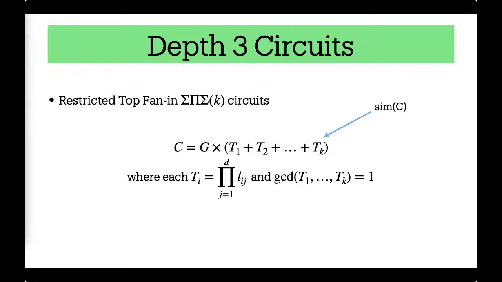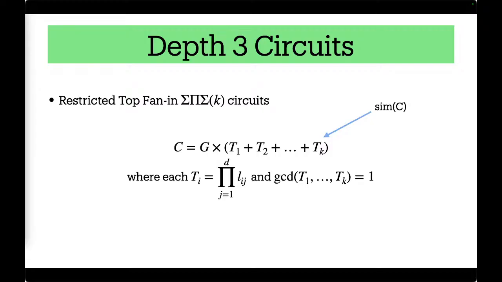One thing we will do is, you can simplify this computation a bit by taking out all the GCD, putting it in G, and then looking at the remaining part. I don't think you see the pointer, but the remaining part is what we call the simple part. So once you have taken out all the GCD, you look at the remaining gates, and that is the simple part.